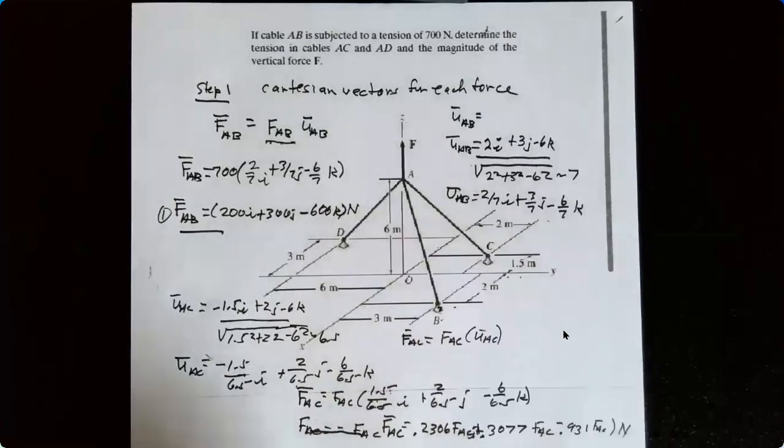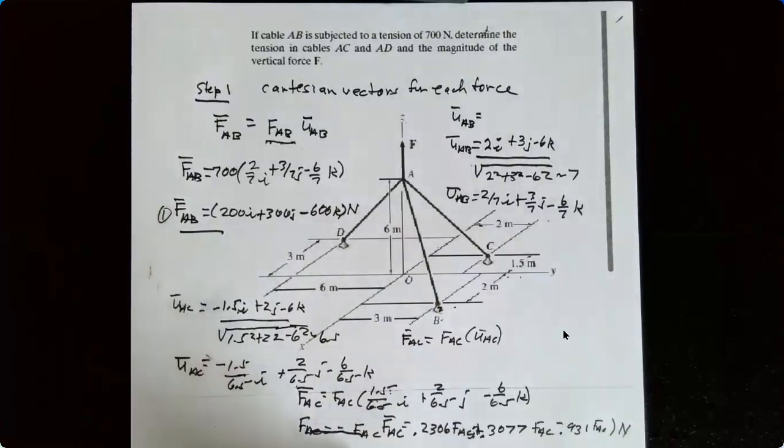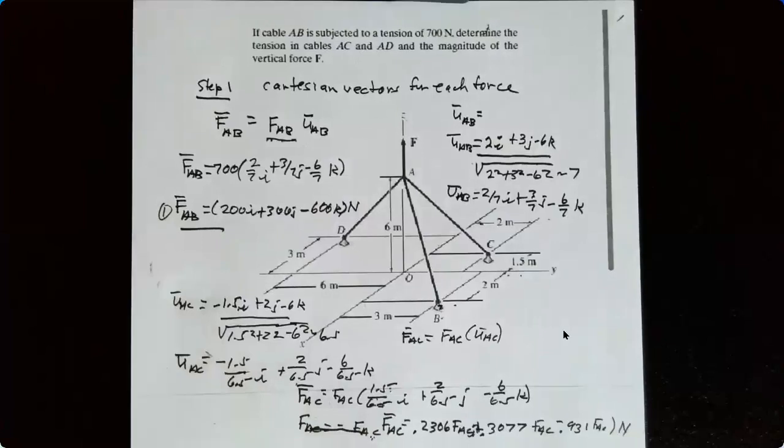So I have two equations so far, the FAB equation and the FAC equation down here. Now I'm going to continue on with our notes. We'll follow the same procedure, and if you have this diagram in front of you, you'll be able to see. I'm going to get the dimensions the same way for AB, AC, and AD. It's going to be the same thing.